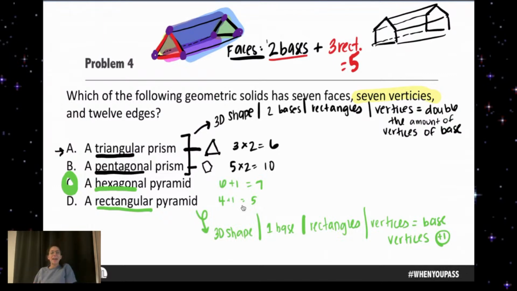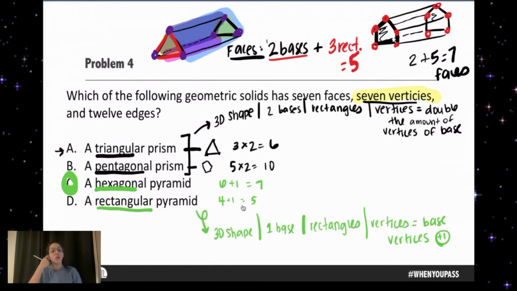There's our pentagonal prism. So we have our 2 bases plus 5 rectangles, 1 for each side. So that equals 7 faces, but it does not have 7 vertices because the vertices equals double the base. 1, 2, 3, 4, 5. 1, 2, 3, 4, 5.